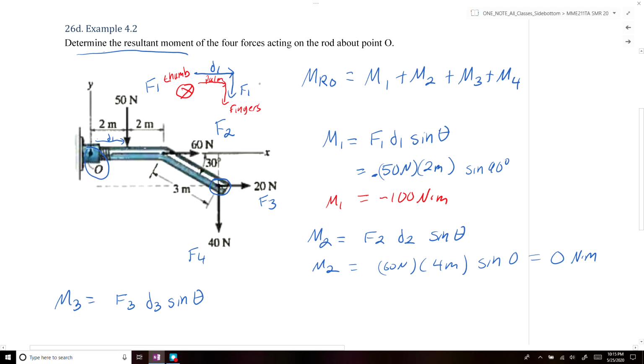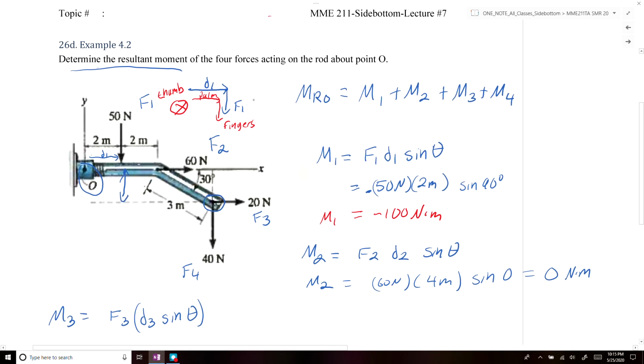So d3 sine theta would be equivalent to the distance from our origin point to the y component, or a line that's drawn parallel to the x-axis at the point where force 3 is applied. So this would be our d3 sine of theta, that distance.